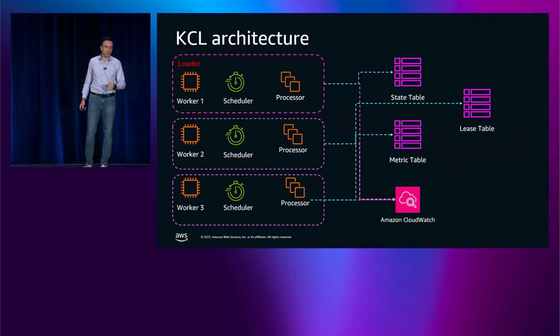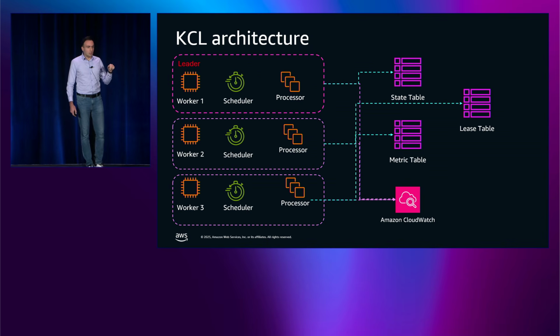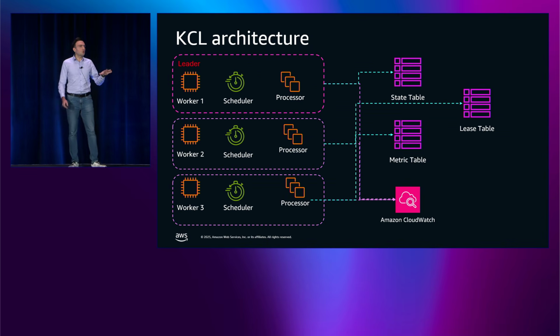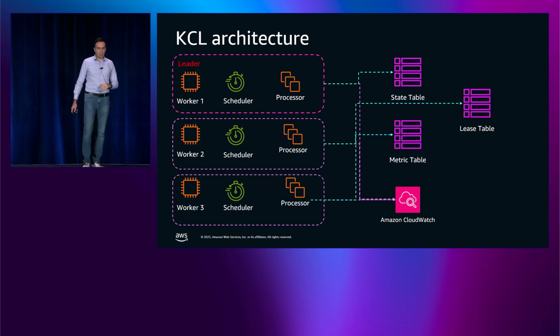And then there's a metric table that Kinesis Client Library version 3 uses in order to know which one of the workers is overloaded and then even balance it. It also emits all the client-related metrics to Amazon CloudWatch for you, so you don't have to worry about that integration as well.